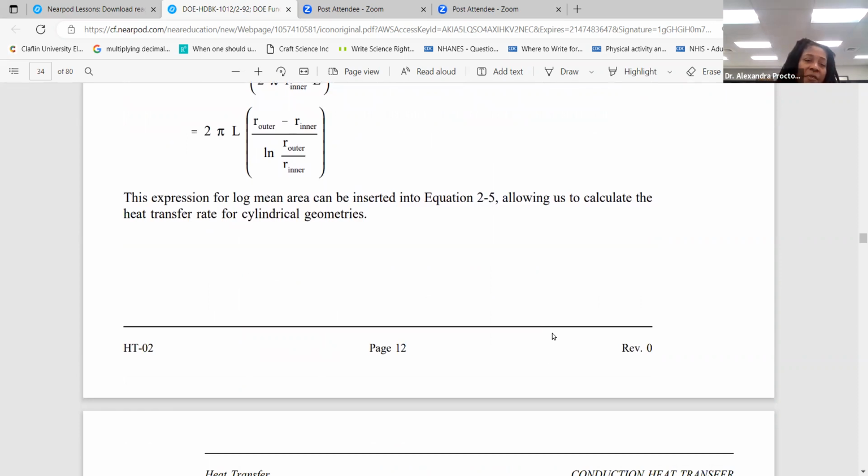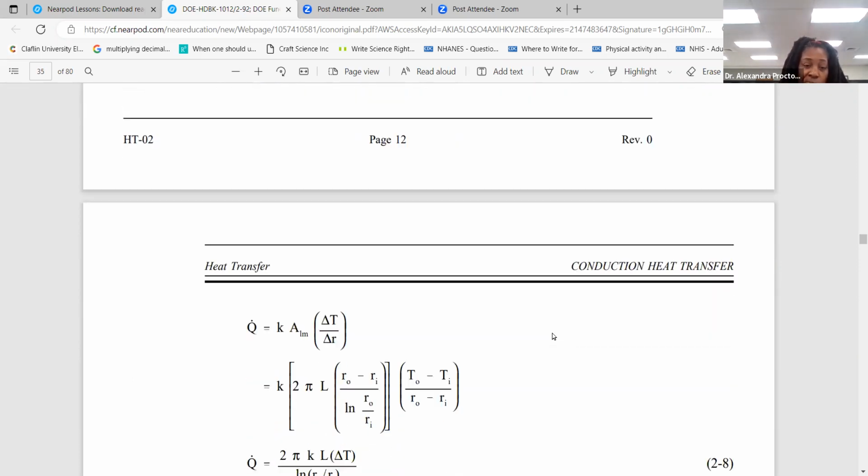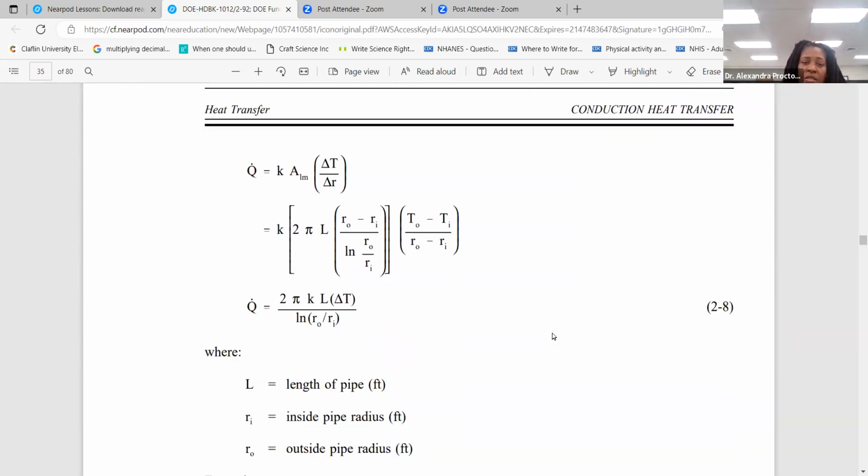So this expression for log mean area is inserted back into equation 2.5, and it allows you to calculate heat transfer for cylindrical geometries. So they're showing you how they've gone back and substituted in for this particular equation.